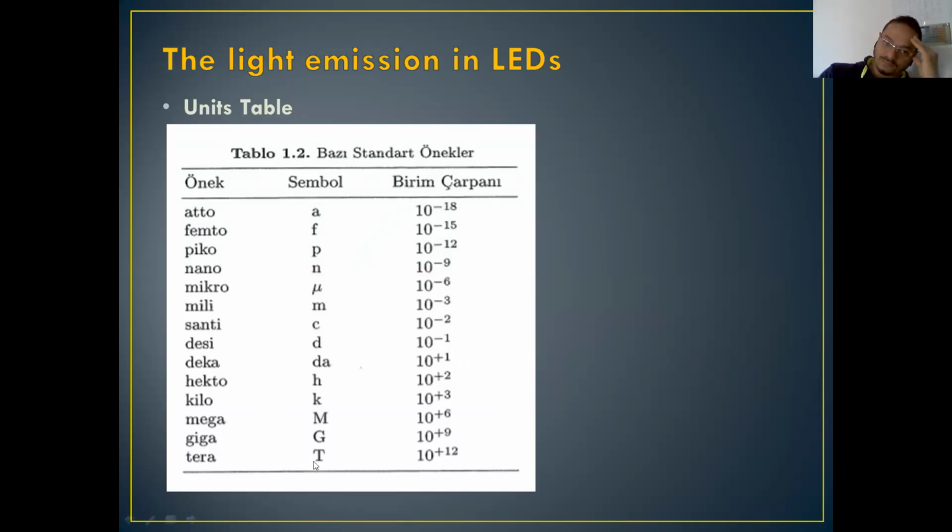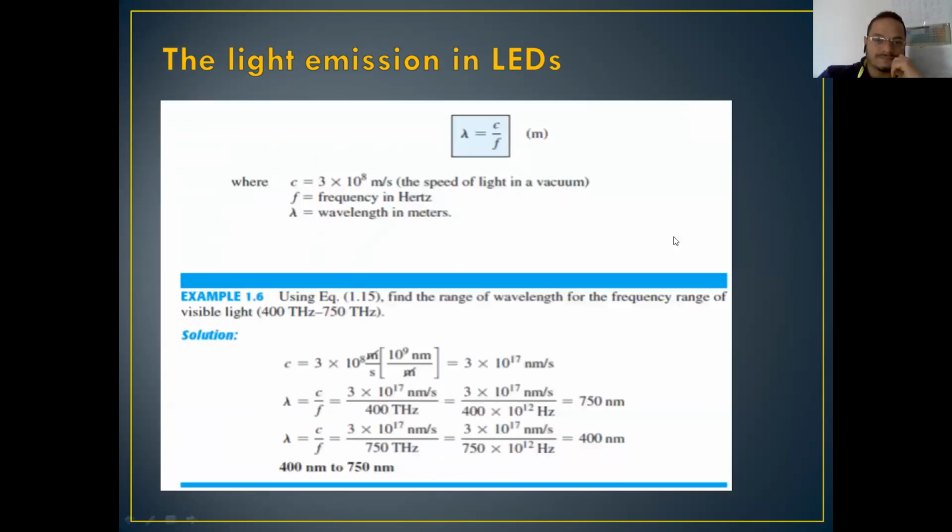One of them is terahertz, which means 10 to the power 12 hertz. The other one is nano, which means 10 to the power -9, and how we can convert from one unit to another. These two examples. Let's come back to my notes.